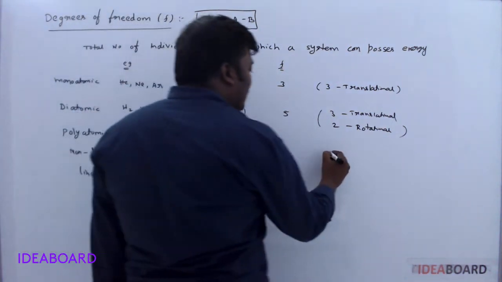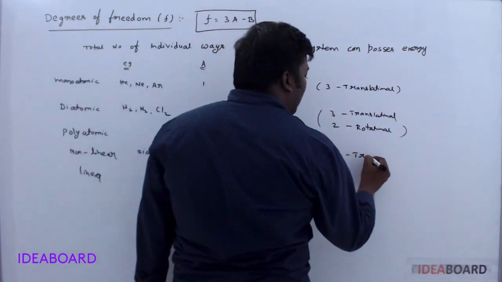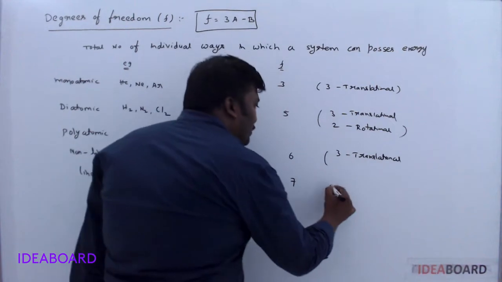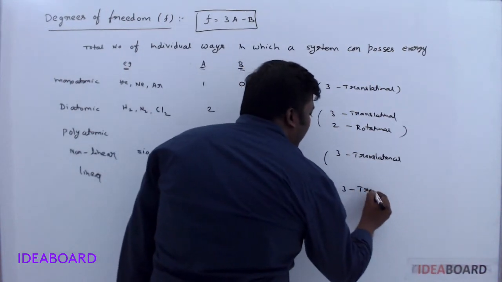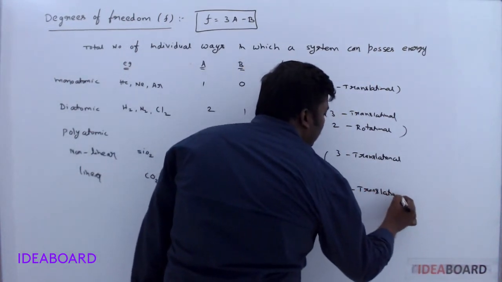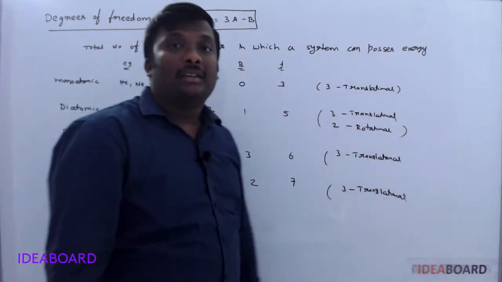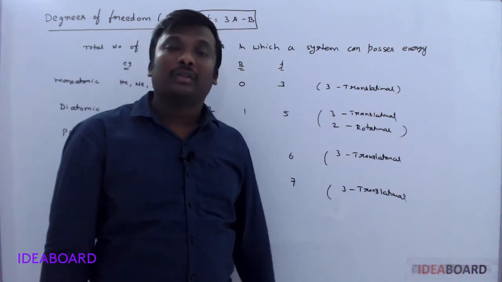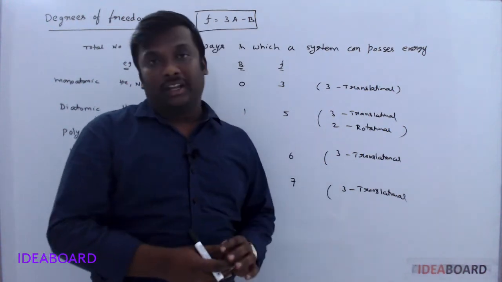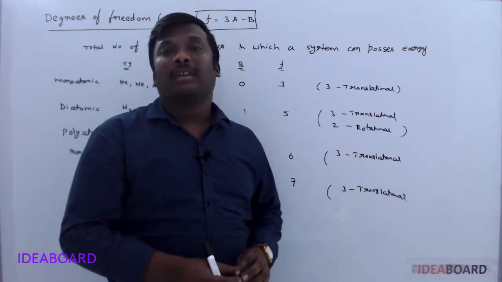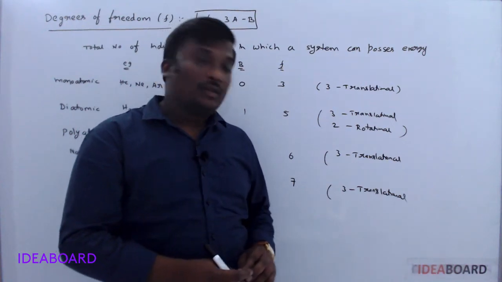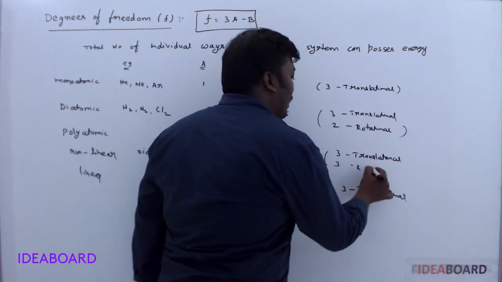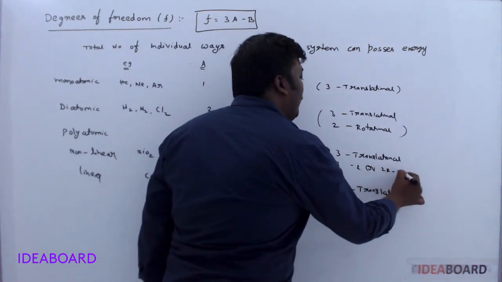Out of 6, 3 are translational degrees of freedom. Here also, out of 7, 3 are translational. But for the remaining 3, depending on the arrangement of the atoms within the molecules, some are rotational and some are vibrational degrees of freedom. So maybe 3 rotational, or 2 rotational and 1 vibrational.